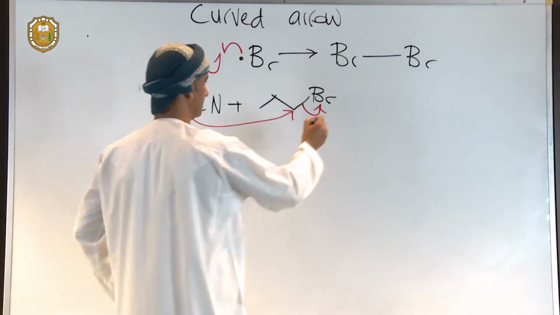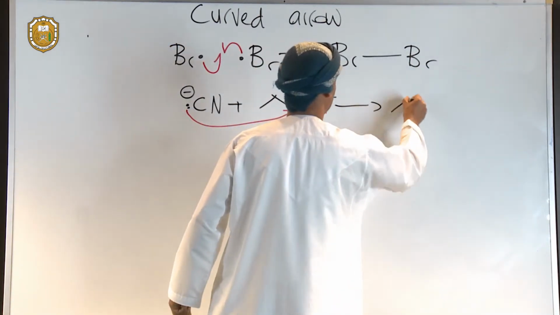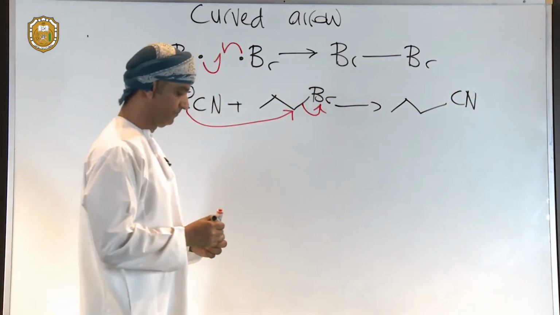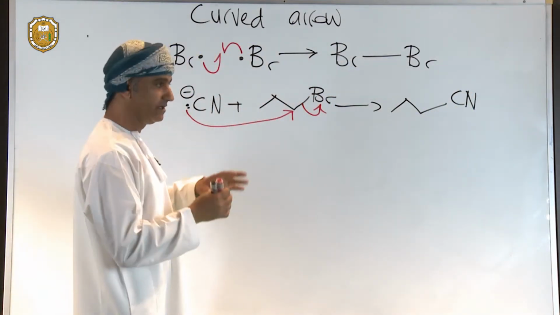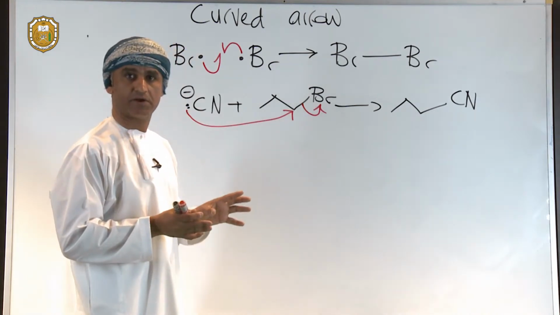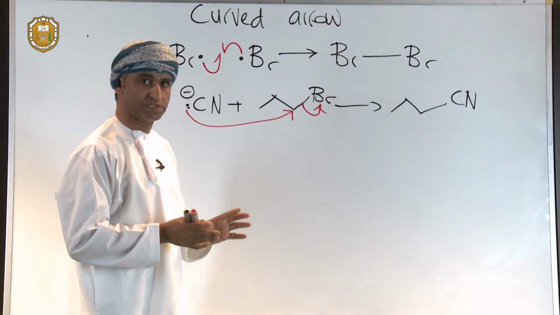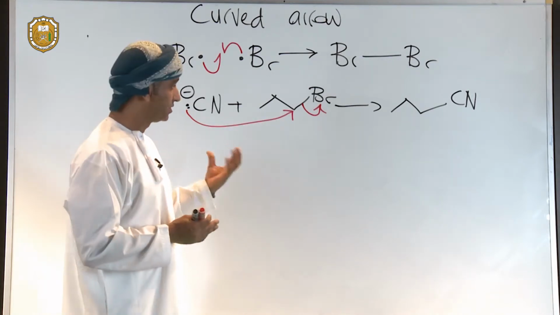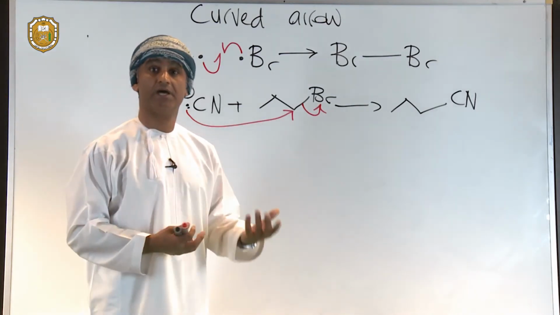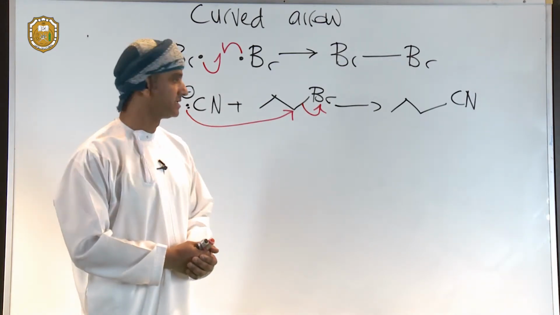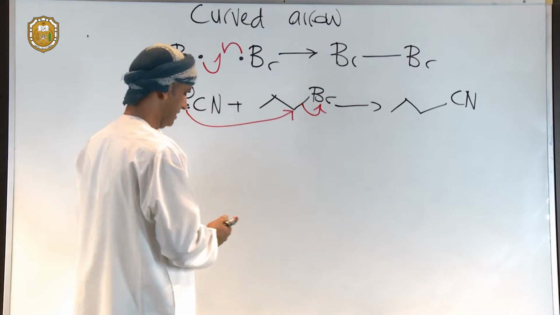So the product will be this, and it is clear that that bond is the new bond. So the valency rules are obeyed. This is something that we have to watch out for always whenever we want to keep track of electrons, or whenever we want to draw possible mechanisms for organic reactions.